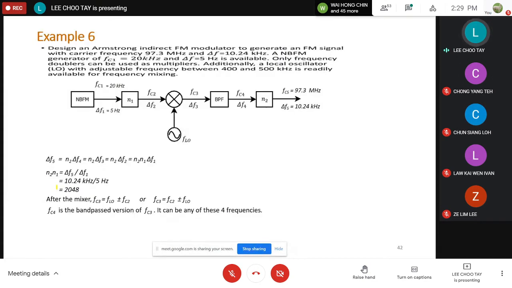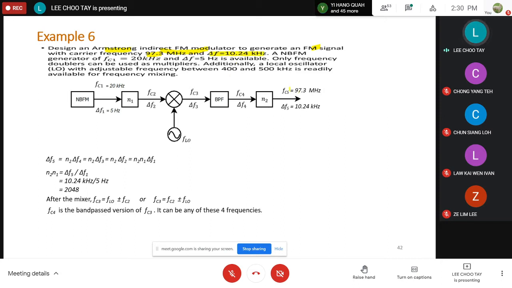These numbers, you actually have to work out one by one. So I'm going to show you how to work out these numbers with an example. In this example, we are asked to design an Armstrong indirect FM modulator to generate an FM signal with carrier frequency 97.3 megahertz and a frequency deviation of 10.24 kilohertz.